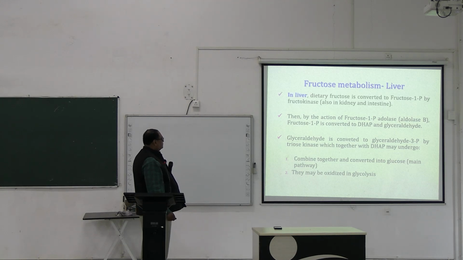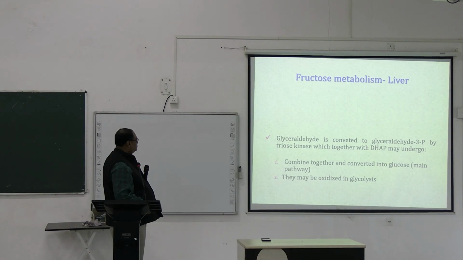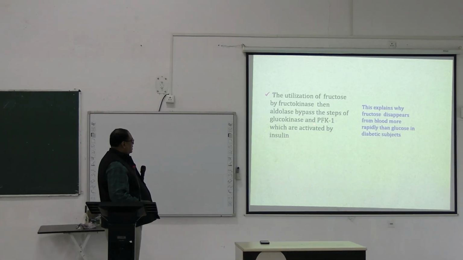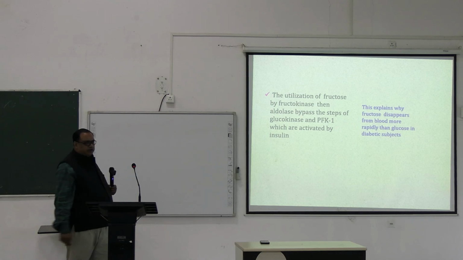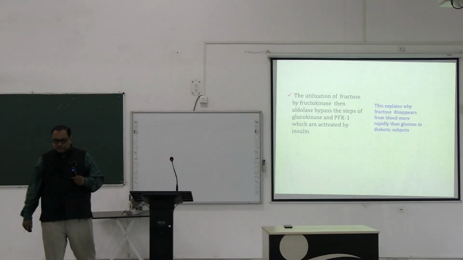So it is in the liver by fructokinase first, and then aldolase, which I have shown. They bypass the steps of glucokinase and PFK1 because they enter through the DHAP step into glycolysis.